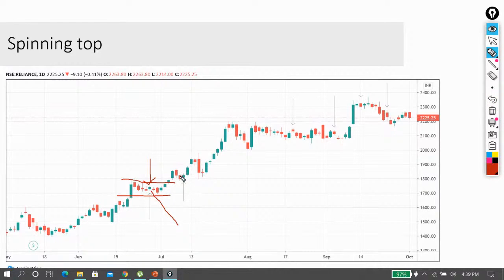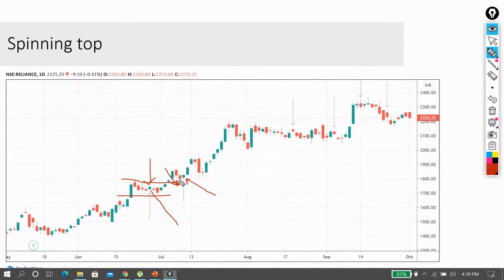Okay. But this spinning top has value. Why is that? We see an up move, a small correction comes, that is two red candles, and then we see this spinning top. Also, this spinning top has a lower shadow bigger than the upper shadow, which means that buyers are more aggressive. I hope this point is clear why buyers are more aggressive.